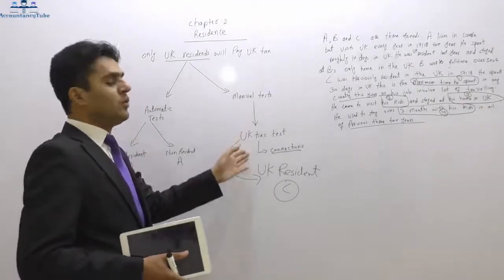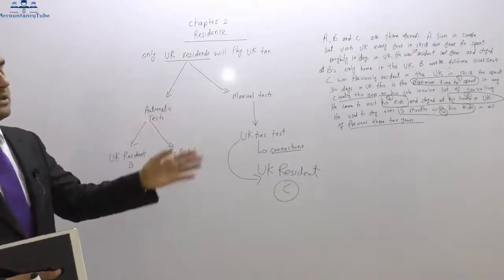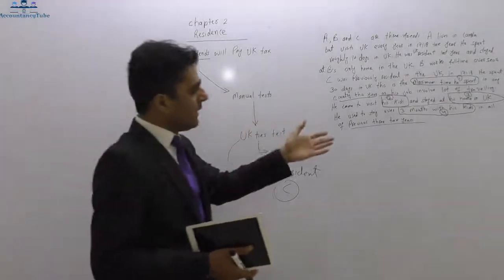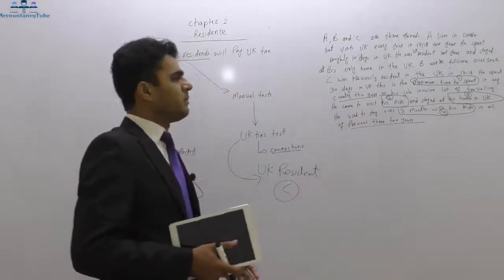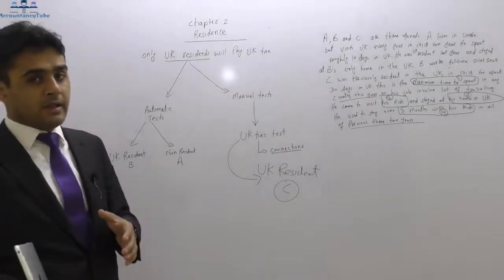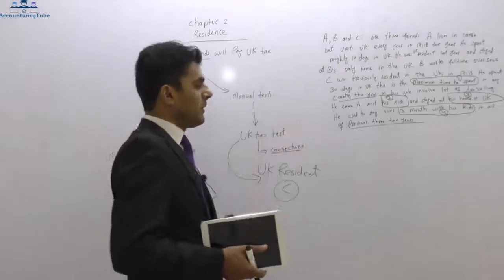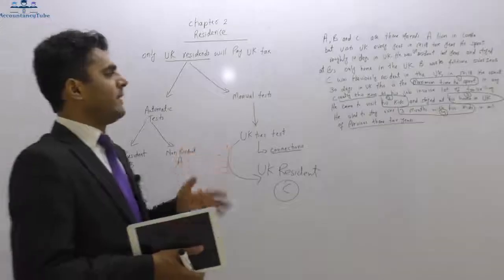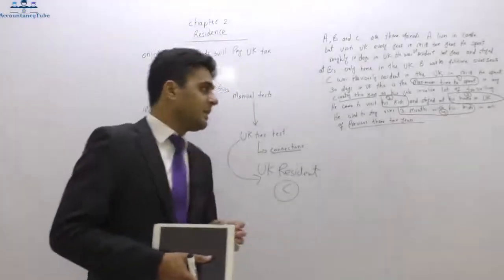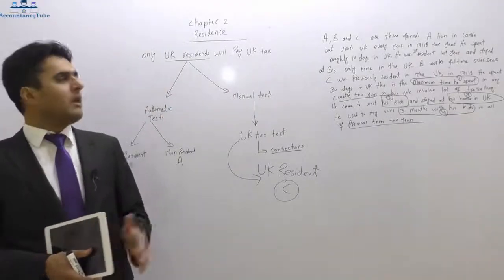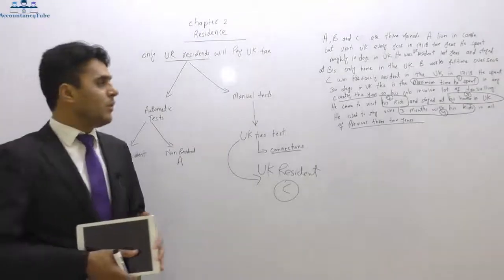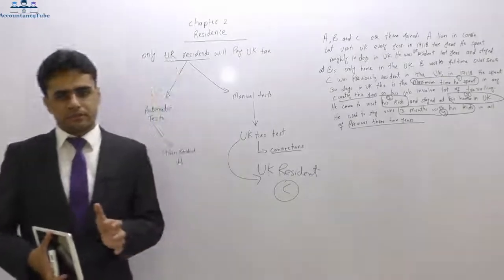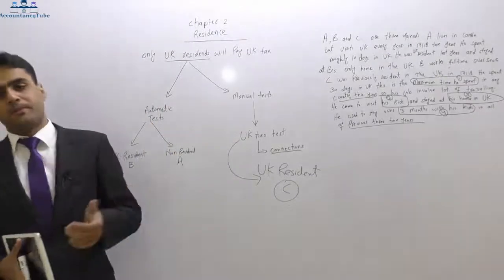Because we have seen the UK ties test, he spent 30 days, he needs 4 ties. Which 4 ties is he fulfilling? He spent maximum time in the UK than in any other country. He got close family members. He got a UK house which he used, and then he spent more than 90 days in the previous 3 tax years. That's why he's fulfilling the 4 UK ties. He has got the 4 UK ties. That's why he will be considered UK resident, with the help of UK ties.